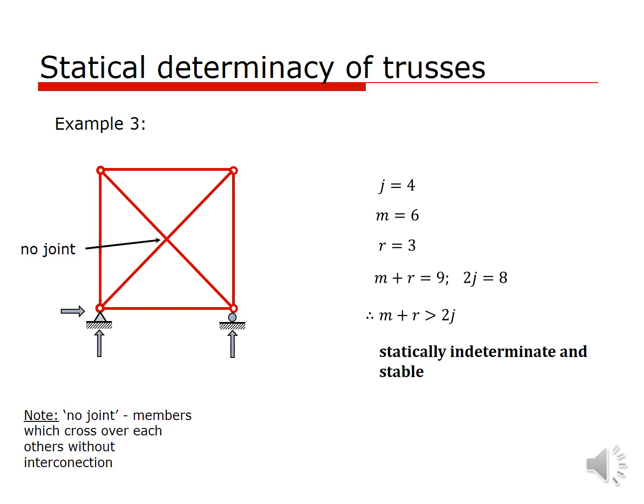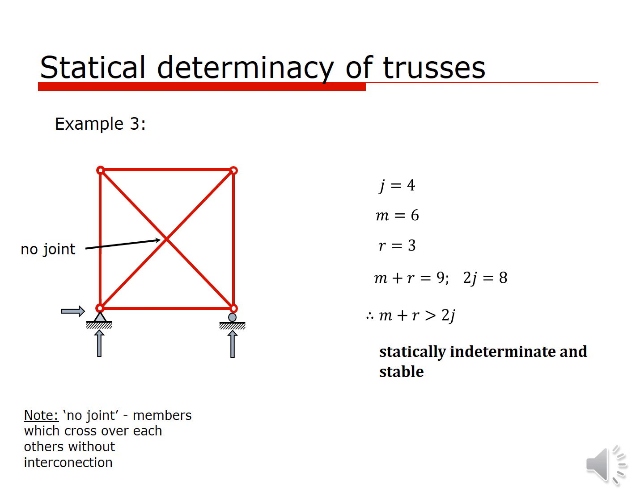So M plus R is now 9, 2 times J is 8, which means M plus R is greater than 2J. So what we can conclude from this is that this is a statically indeterminate structure but stable.